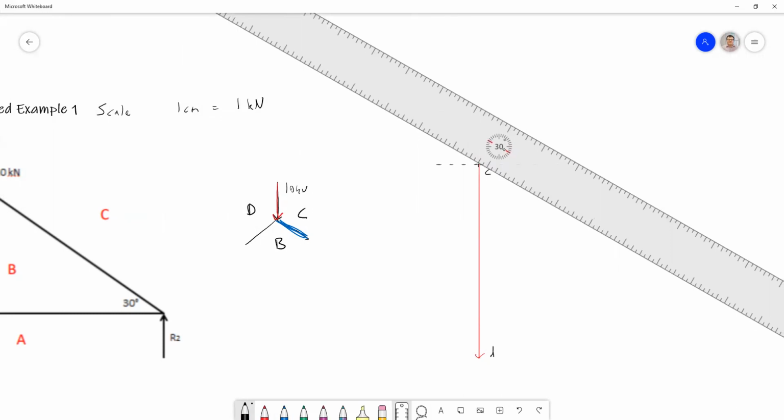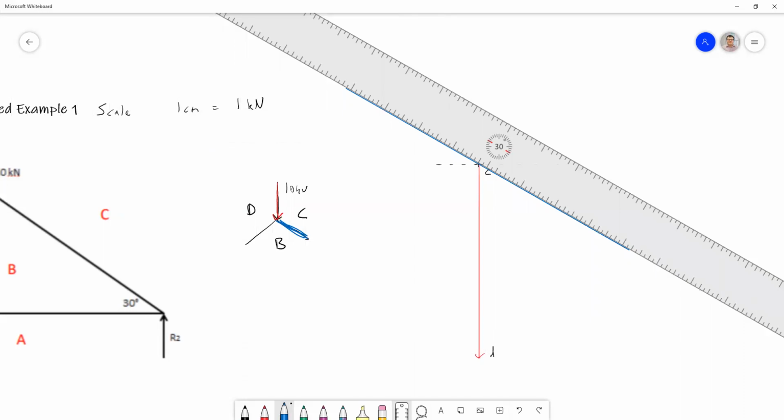So I can draw a line here. This is 30 degrees to the horizontal, just like that angle that I've circled at the bottom left. That's how I know it's 30. And I know that B is either somewhere up here or somewhere down here. I can just draw a line off in both directions, which is why it's quite good to do these in pencil, so you can rub out any bits you don't need.